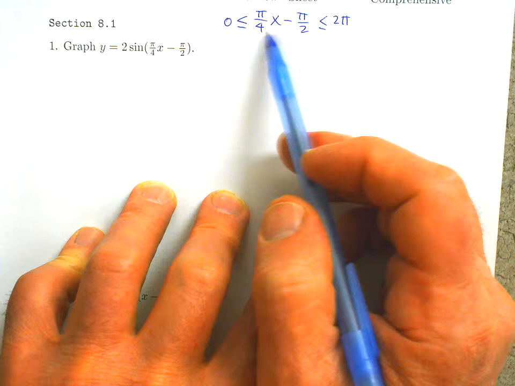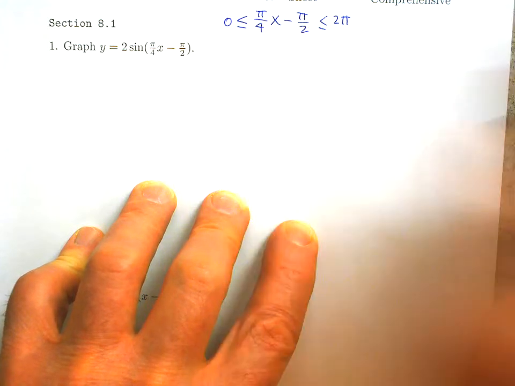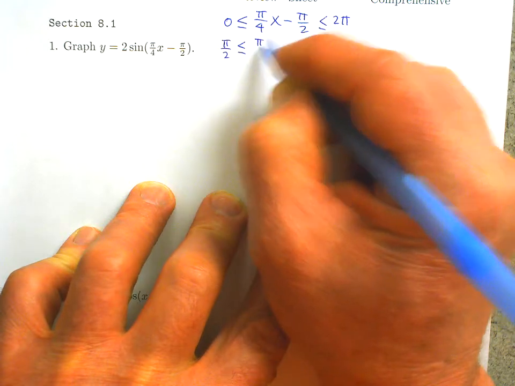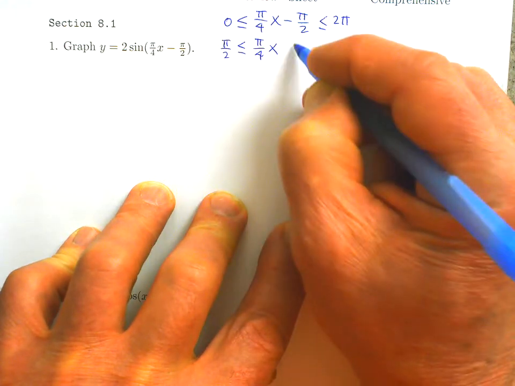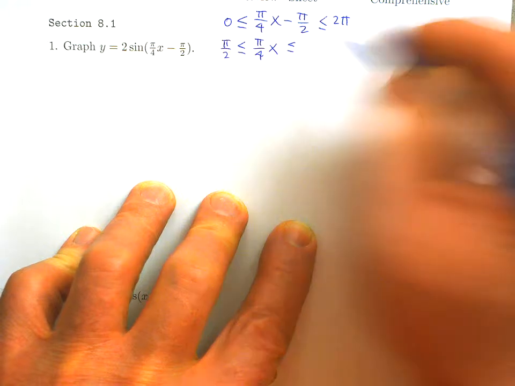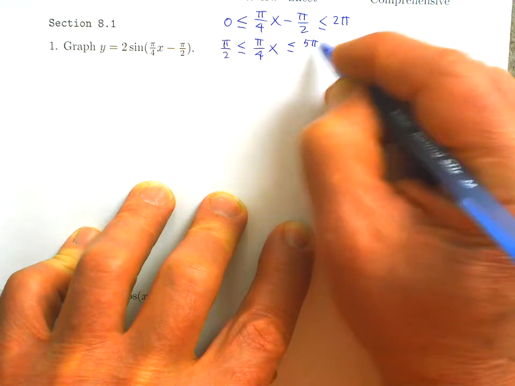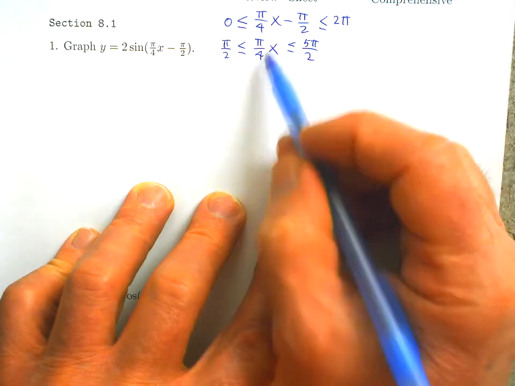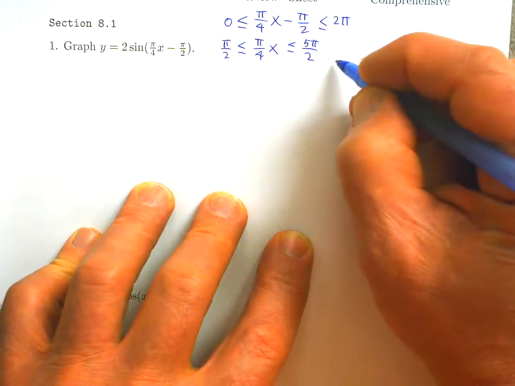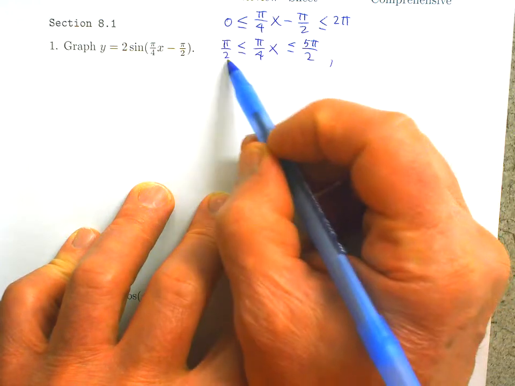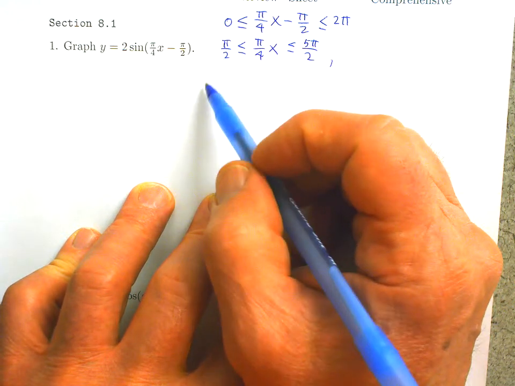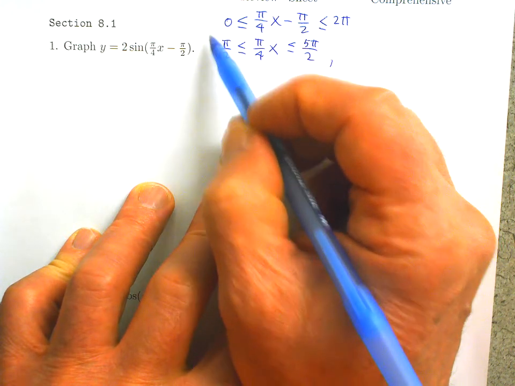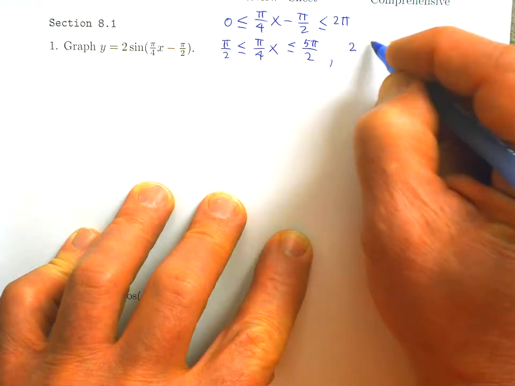So first thing, we'll add pi over 2 to all three parts. So we get pi over 2 is less than or equal to pi over 4 times x, which is less than or equal to 5 pi over 2. And then we'll multiply all three parts by the reciprocal of pi over 4. In other words, multiply by 4 over pi. This is going to become 2.